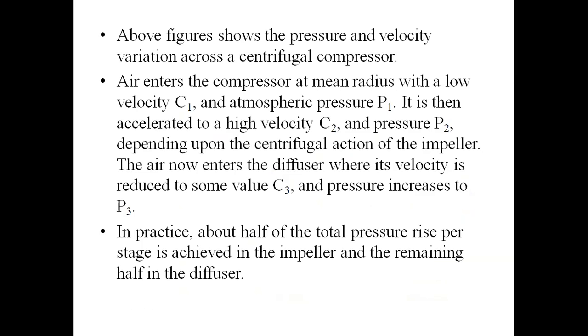The above figure shows the pressure and velocity variation across the centrifugal compressor. Air enters the compressor at the mean radius with low velocity C1 and atmospheric pressure P1. It is then accelerated to high velocity C2 and pressure P2 by the centrifugal action of the impeller.